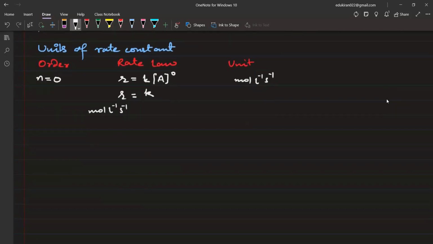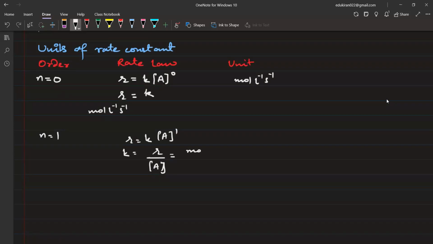Now let us see the case when n is equal to 1. When n is equal to 1, I can write K equal to R divided by the concentration of A to the power n. R is equal to K into the concentration of A to the power 1, because the order is equal to 1. So K will be equal to rate divided by the concentration of A. Now we'll plug in the values of unit.